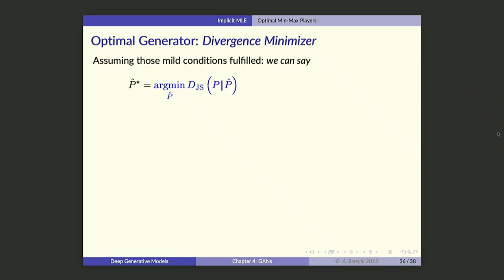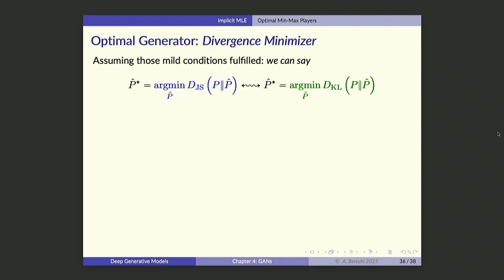Assuming everything is well defined, this is equivalent to minimizing the KL divergence. Now, before coming to the GAN world, if you wanted to minimize the KL divergence, what would you do? Maximize the likelihood, right? So essentially, you are doing maximum likelihood, but since you don't have direct access to the likelihood, you are doing it implicitly.